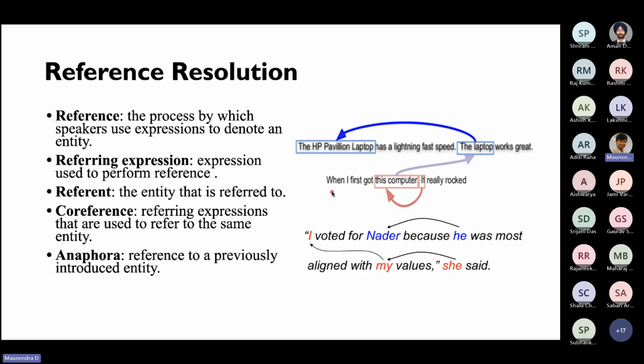There can be two different tasks here. One could be: given this phrase and this phrase, you have to identify whether they're co-references or not. Then this is a positive example. A negative example could be the HP Pavilion laptop and I. Is this a co-reference?